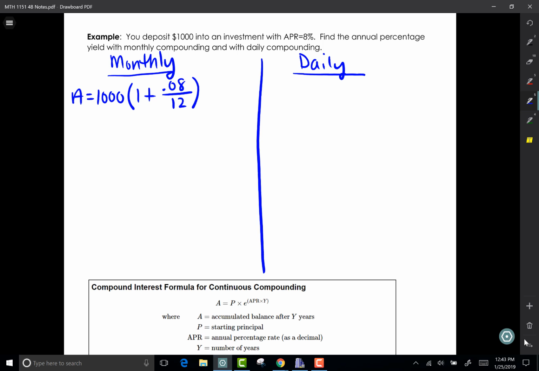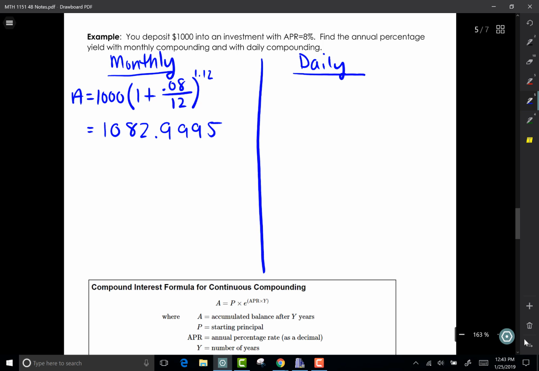So it's going to be monthly for 1 year, so that's going to be 1 times 12. When I put that in the calculator, I'm going to get $1,082.9995, but just to make things easier, let's round it up to $1,083.